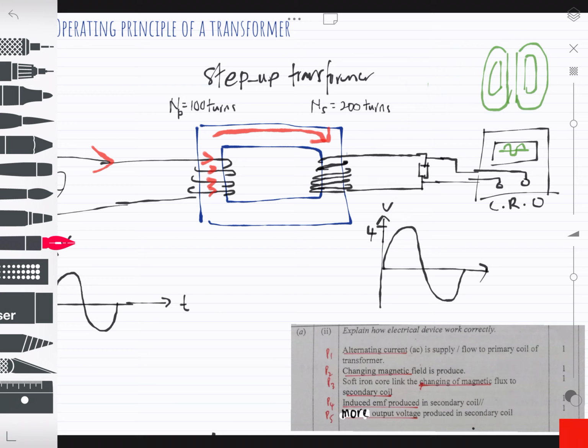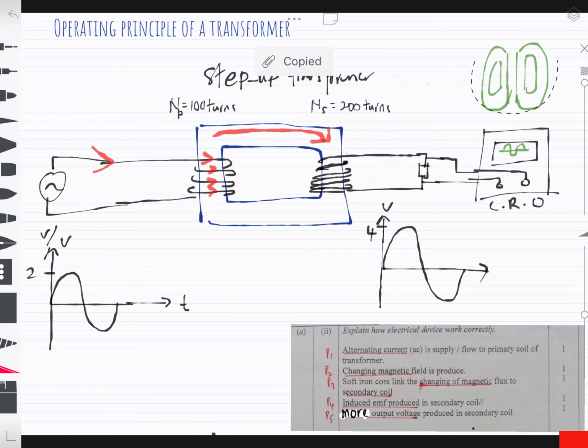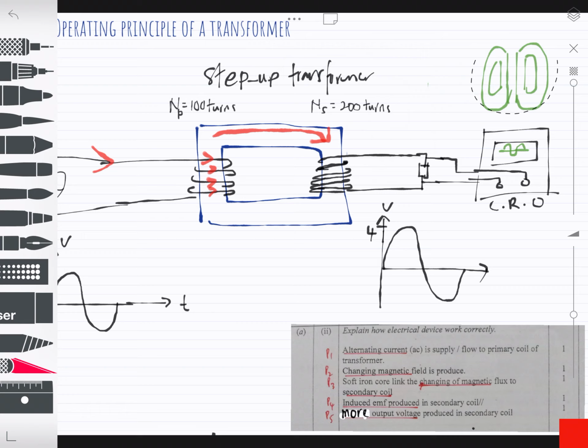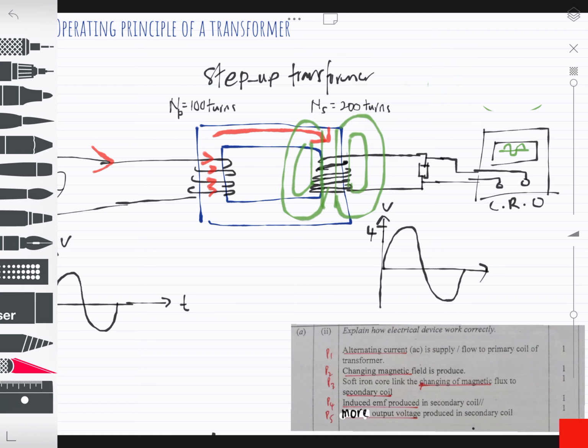So you can see here, a magnetic field will be generated here also because it has been transferred from the primary coil. So you can see here the voltage keeps changing. It increases, decreases like this.